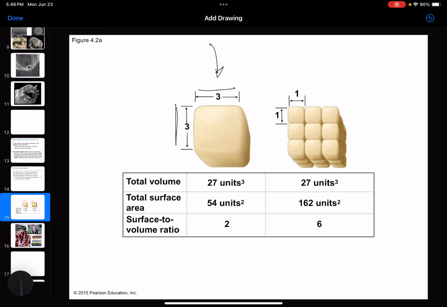You would just go length times width, right? Or length times height. 3 times 3 is 9. And because there are 6 sides, that's going to give you a surface area of, oh, I'm sorry. I meant to say over here. 54.